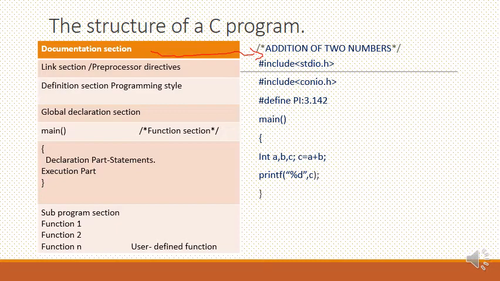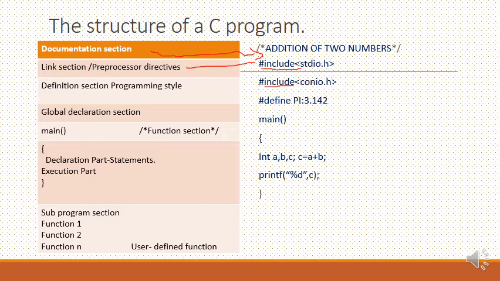Afterwards, you are going to write the link section or the preprocessor directive. They are called the library functions. We write the link section using hash include stdio.h and hash include conio.h. In the same way, we have math.h like that. One by one we are going to use them in the coming classes.